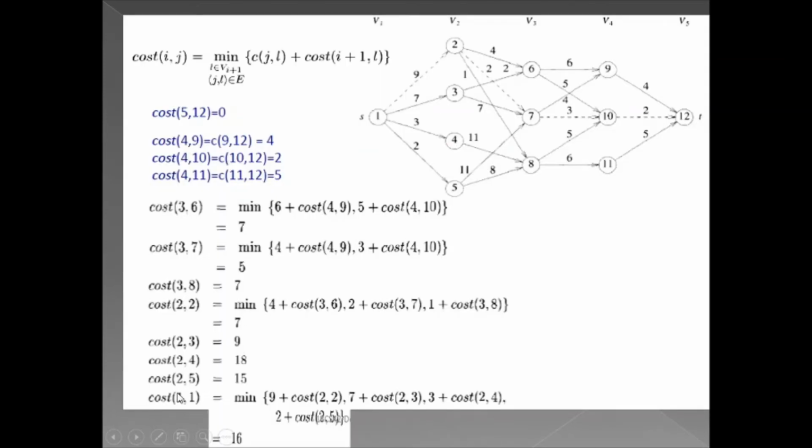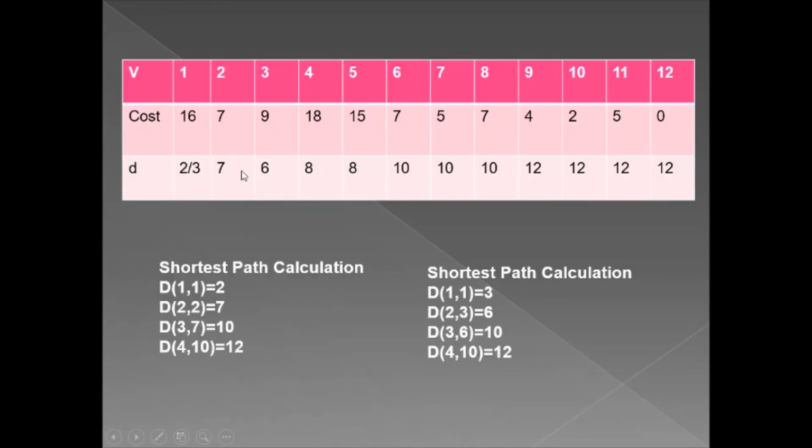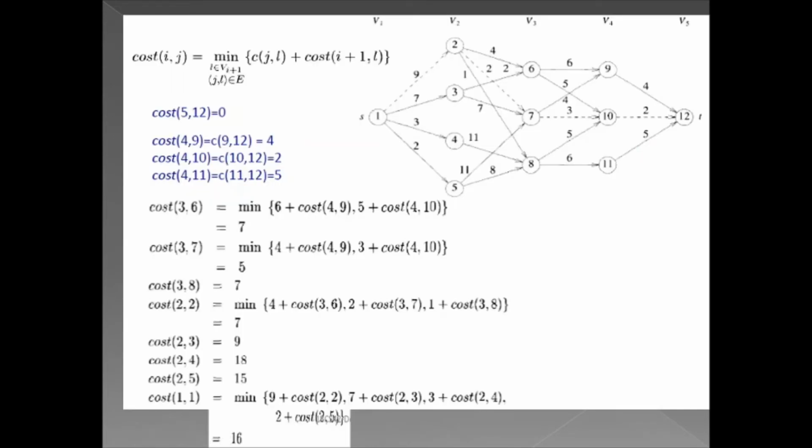Here in the last stage, vertex 1 gets the minimum weight, which is 16, from two nodes, that is 2 and 3. So in this entry it can be either 2 or 3. Hence we are going to take the shortest path. How to calculate this shortest path? We have to consider the forward direction, as it is a forward approach.